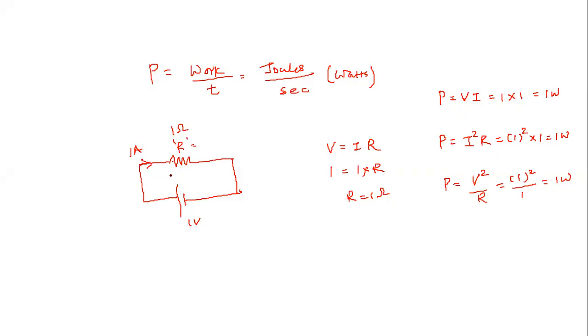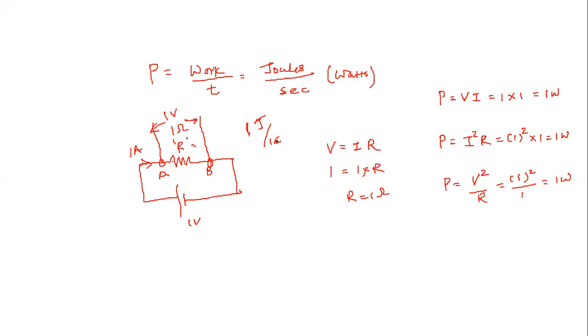And what exactly happens is there will be a drop across this. How much would be the drop across this? It consumes power. The drop across this will be 1 volt, right? That means it expends 1 joule of energy per coulomb, going from this point to this point. When current flows from point A to point B, there will be consumption of energy.